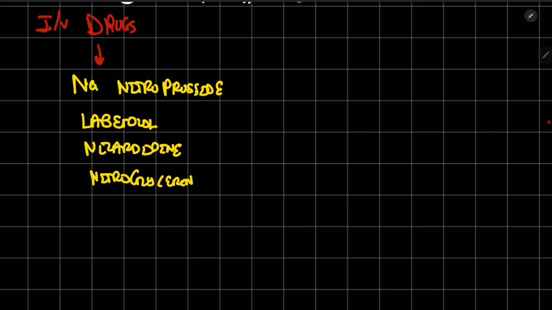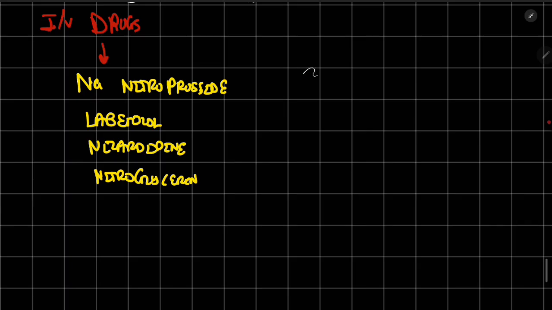In 1 hour we have to reduce the BP. Then we have to reduce the BP further to 160 by 100 over 2 to 6 hours. Just let me write: reduce BP in 1 hour, below 200.